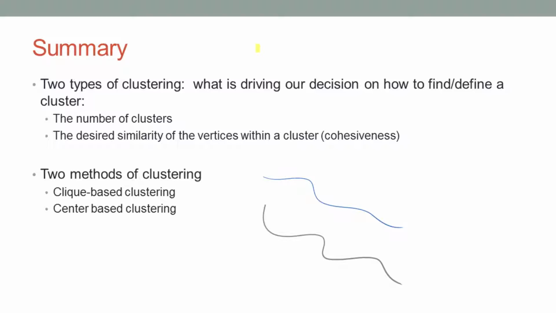Rather, we want to maximize the cohesiveness within each cluster, which is another way of saying we want to maintain a certain level of density within each cluster, regardless of how many clusters that produces.